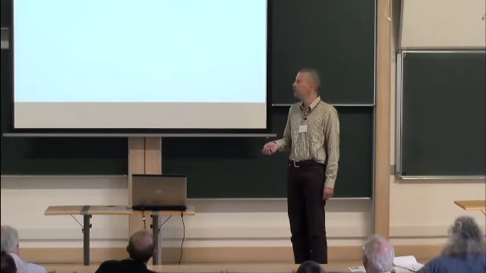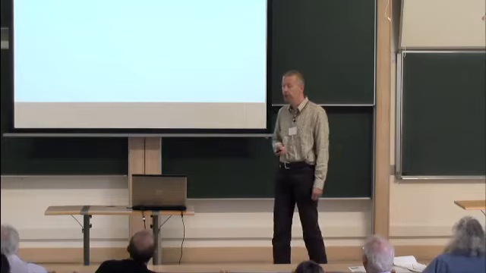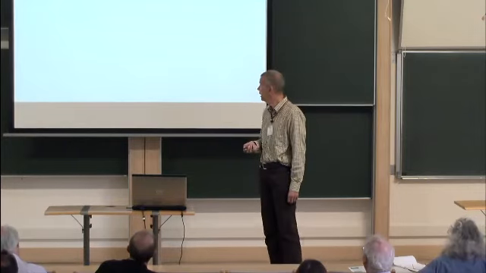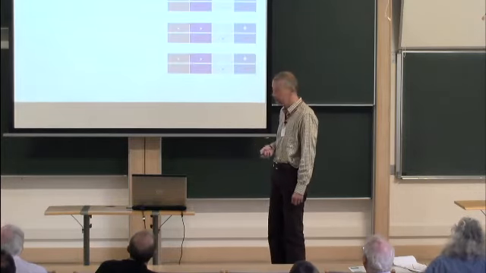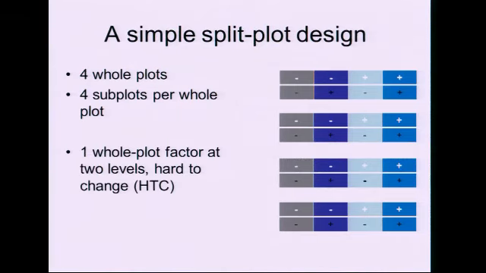A simple split plot design. Suppose you have 4 whole plots with 4 subplots per whole plot. Here they are. Suppose we have one whole plot factor at 2 levels only. These whole plot factors are typically hard to change factors.